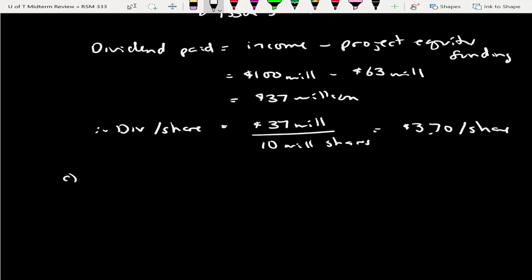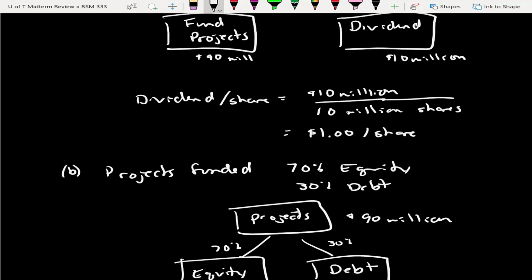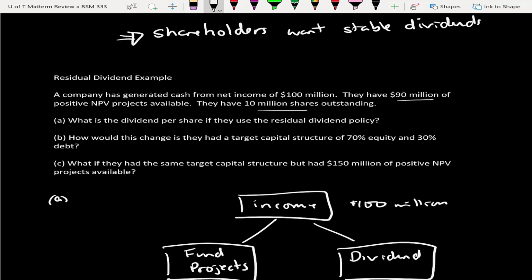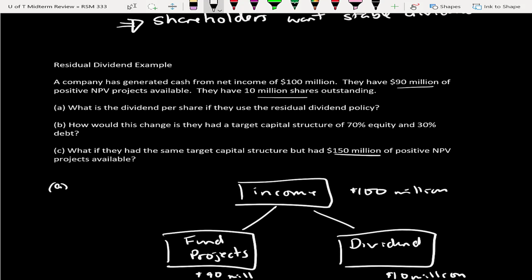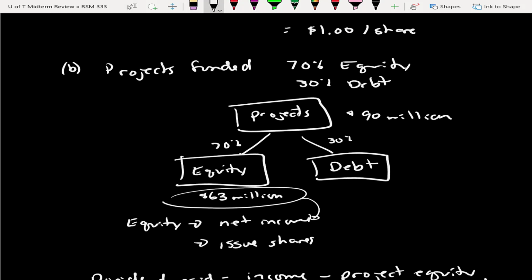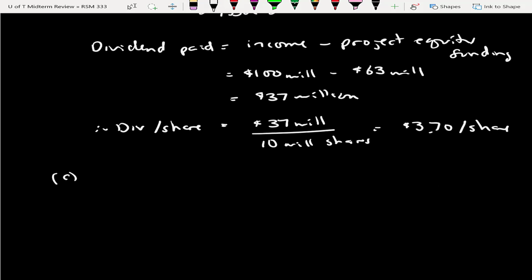Now the last part, let's scroll back up and see what they wanted. Same capital structure, but now you got 150 million of positive NPV projects. So let's just do the same thing again with 150 million. So now we have projects available that are profitable of 150 million.